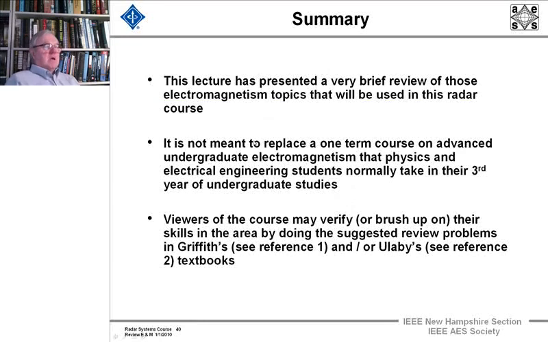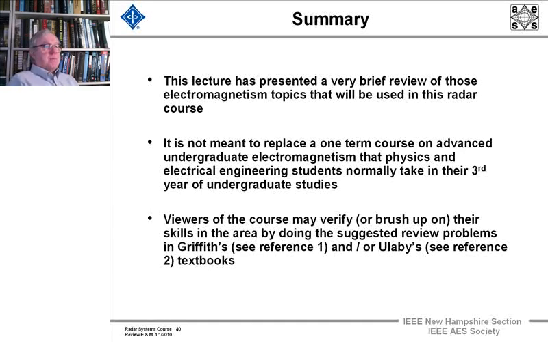Now, in summary, this has been a very, very brief overview of the electromagnetism topics that we're going to use in this course. It's a whole one-term course in advanced electromagnetism that the physicists take or their counterparts in electrical engineering take, usually in the third year of undergraduate studies.